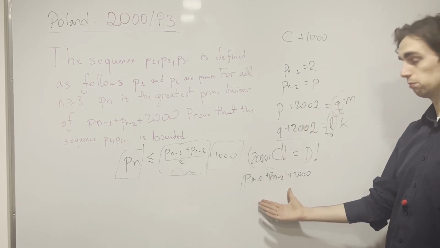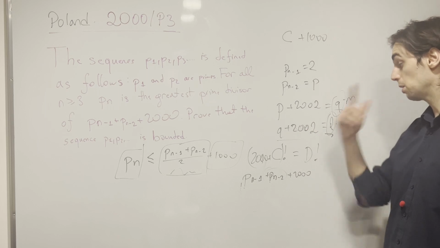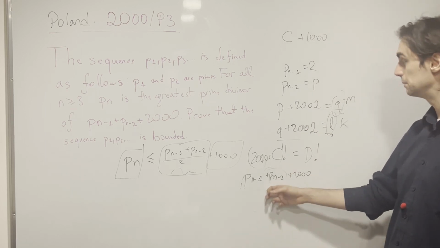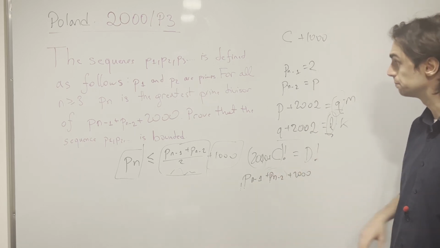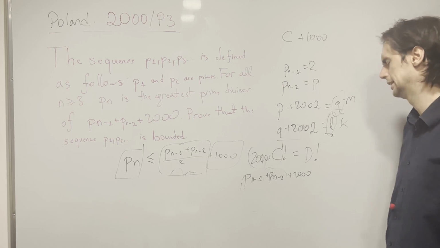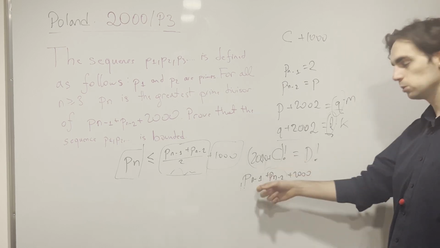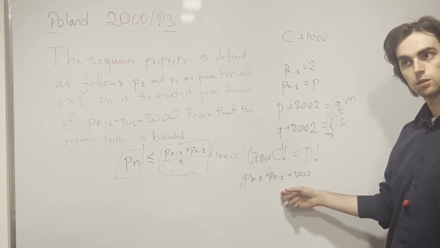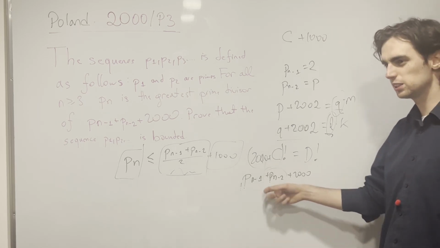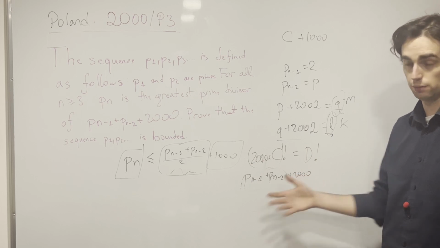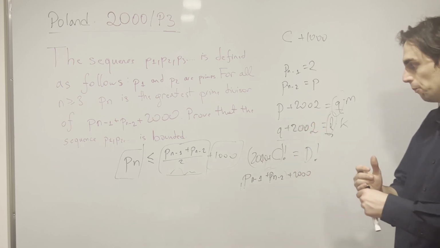Even if this is a power of 2, no, the problem is if one of them is even, if Pn-1 is, say, even. That's where you get a problem. But if we get a problem there, this will still not be a prime. The problem is, will this ever be a prime? Can we divide by 2? If this is not a prime, we can sort of divide by 2.